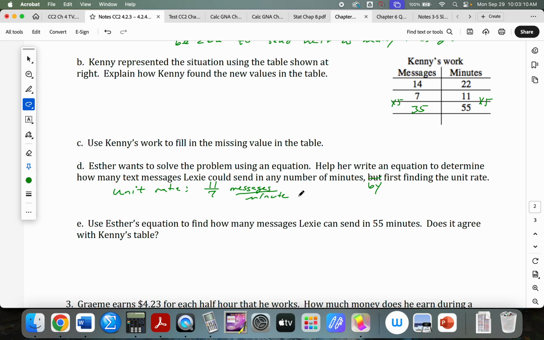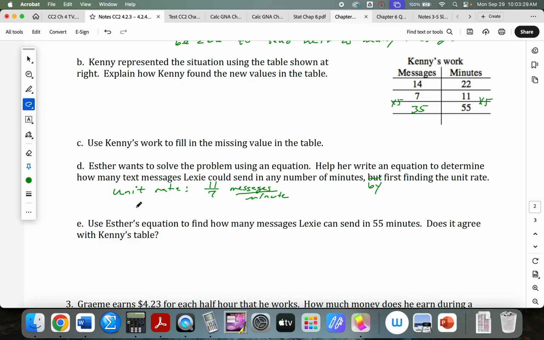Sometimes that doesn't come out to be a whole number, and that's okay. We won't ever take the time to change that into a mixed number either. There's not really any good reason for it. It's a little over 1.5 messages per minute.